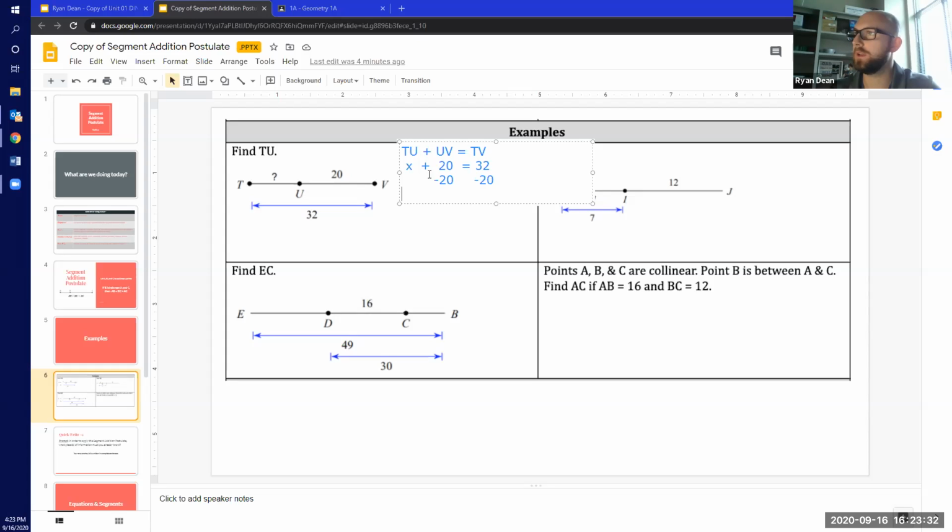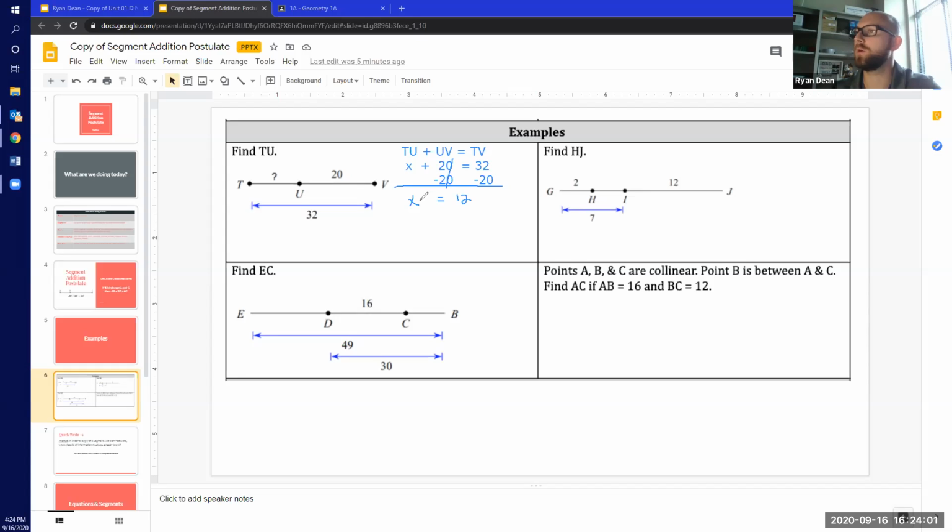I need to get rid of it, so I do the opposite of addition, which is subtraction. And then what that does for us is it cancels these two out. And then everything else is just a regular operation. So I bring the x down. X is now equal to 32 minus 20, which is 12.